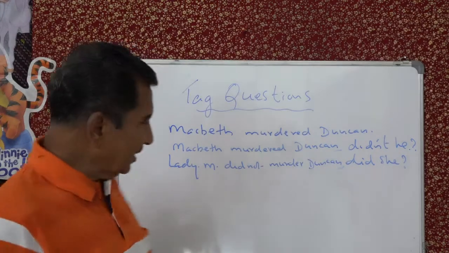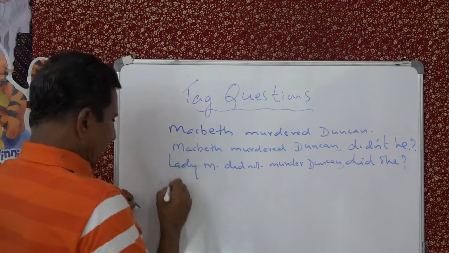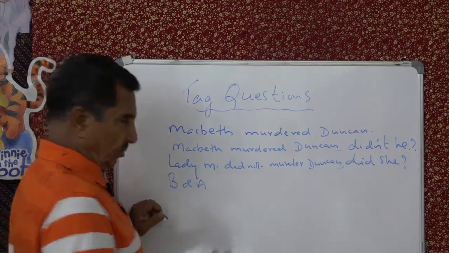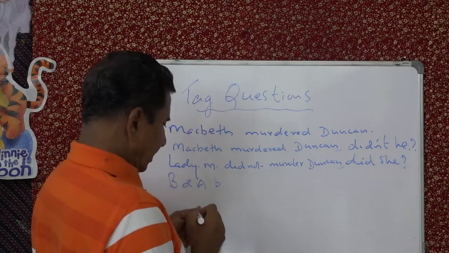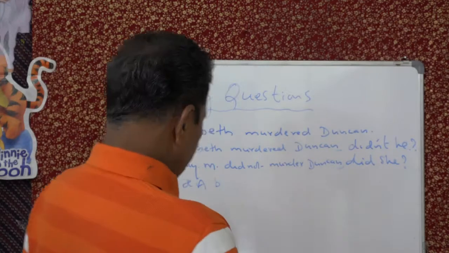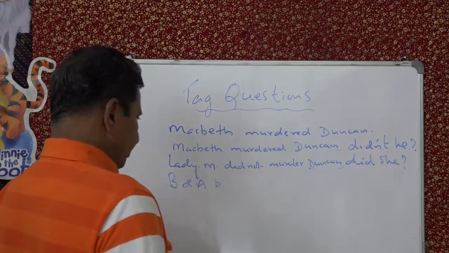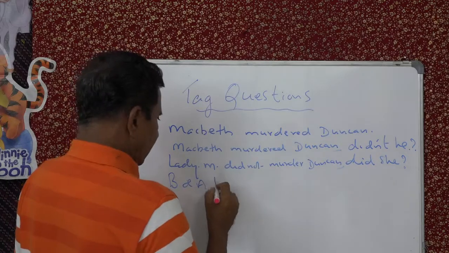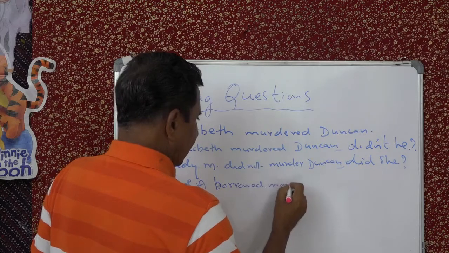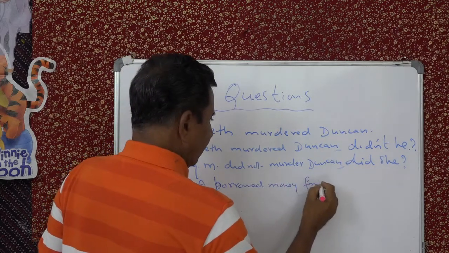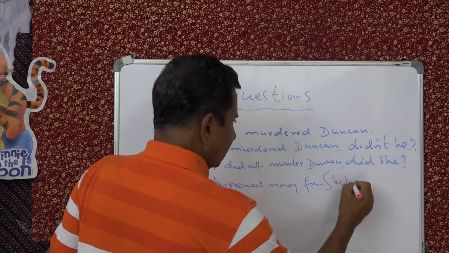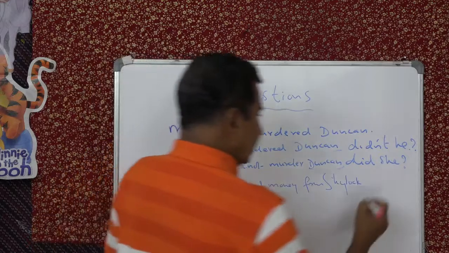Understand? Or let's say Bassanio and Antonio borrowed money from Shylock, comma, didn't they?